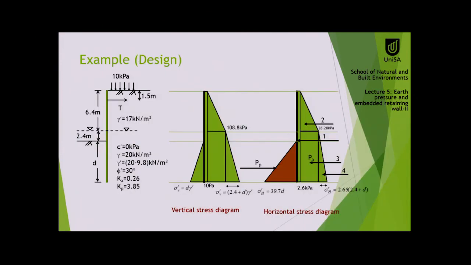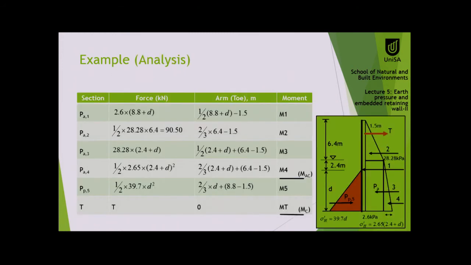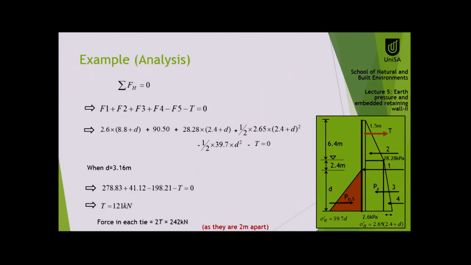Now there is a catch in the problem. The problem over here says, go back, the ties are 2 meters apart. So in all the calculations for the retaining wall, we assume the thickness of the retaining wall is 1 meter, the previous concept. If we know the design for 1 meter, you can extend it to 100 meter, 200 meter, 300 meter, it doesn't matter. So all the calculation over there is in terms of 1 meter, but the ties are 2 meters apart.